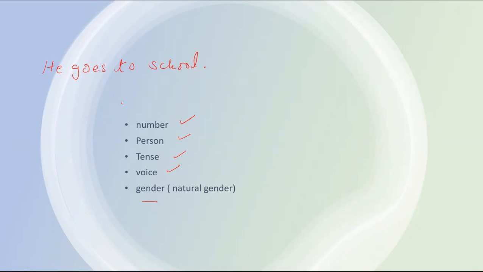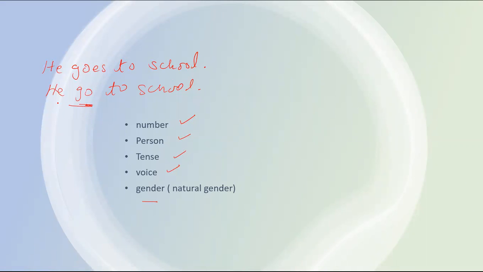You probably won't have any objection to this sentence as far as grammar is concerned. But if I write it this way, he go to school, you would immediately say that, sir, it's grammatically wrong.